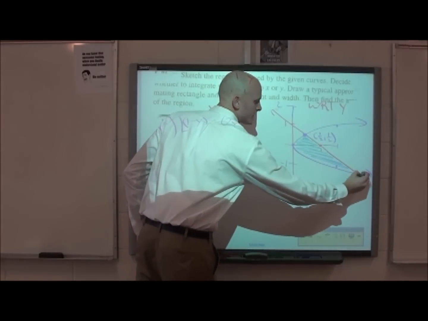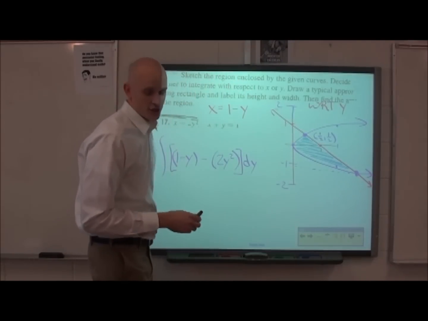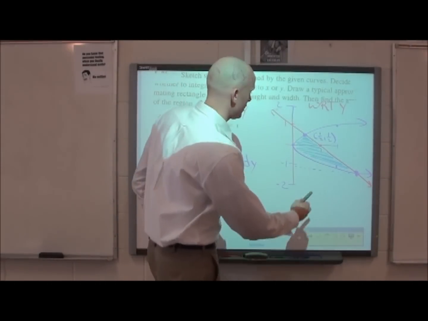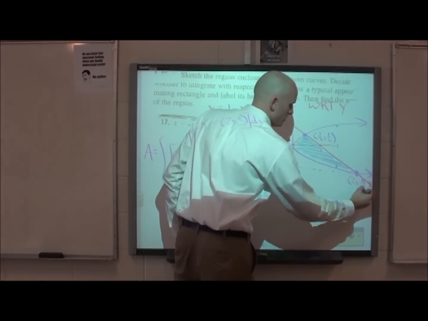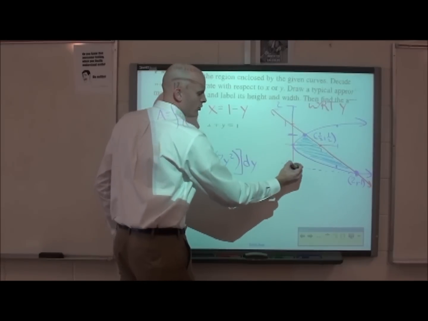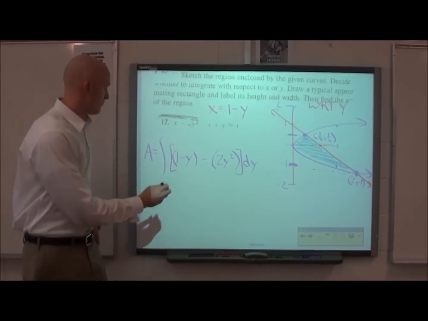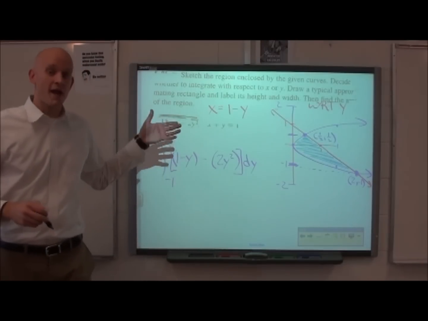And this point, which is our lower limit of integration, is actually 2, -1. So we have an upper and lower limit of integration of -1 and 1/2.